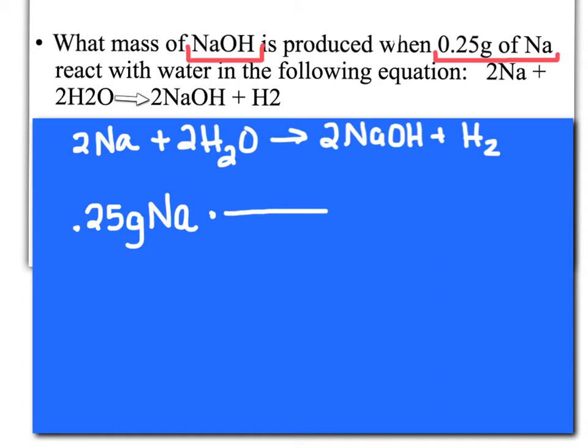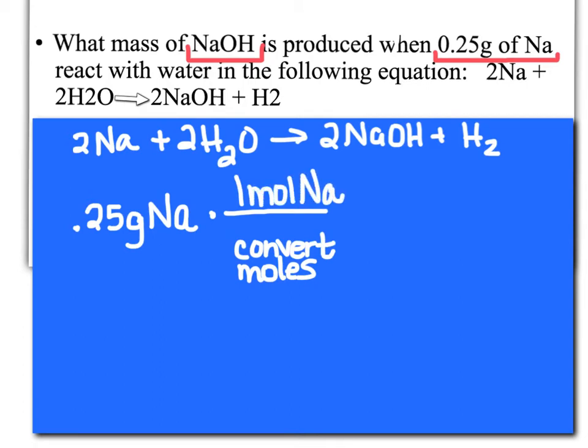But our first step, since they gave us grams, is we have to convert, always. So 1 mole of sodium weighs 23 grams. So there's our first step. If we stop there, all we've done is convert from grams of sodium to moles of sodium.